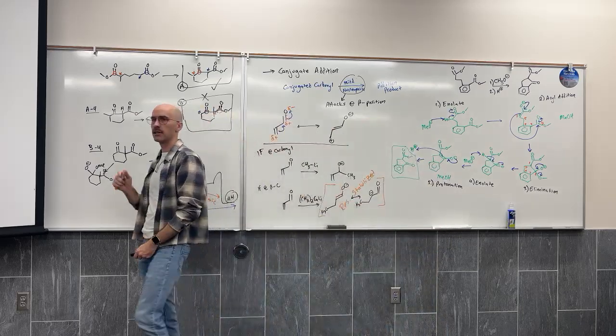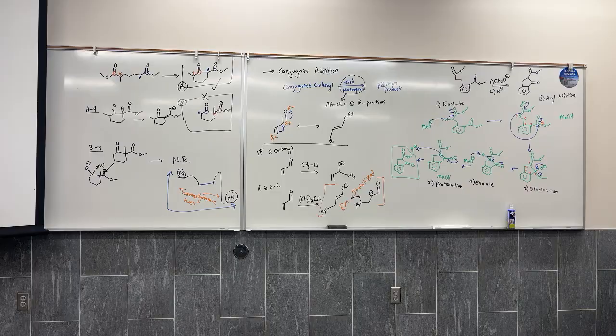Why does a moderate nucleophile attack at the beta position? The product is resonance stabilized. It's easier to form that intermediate. The top product, if it attacks at the carbonyl carbon, has no resonance stabilization.